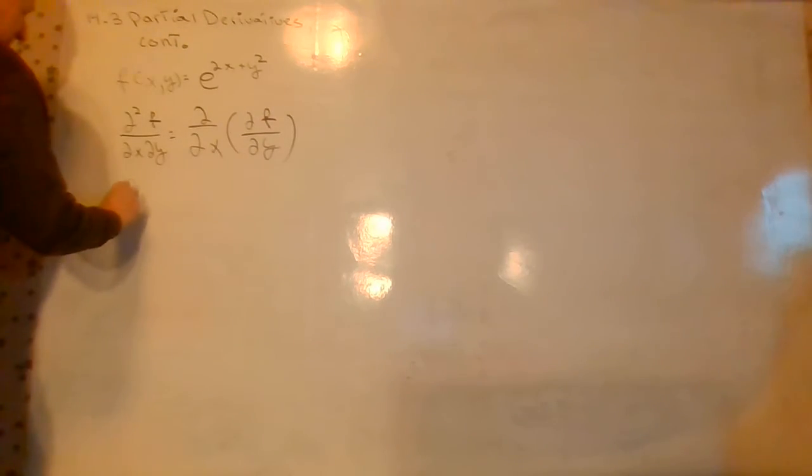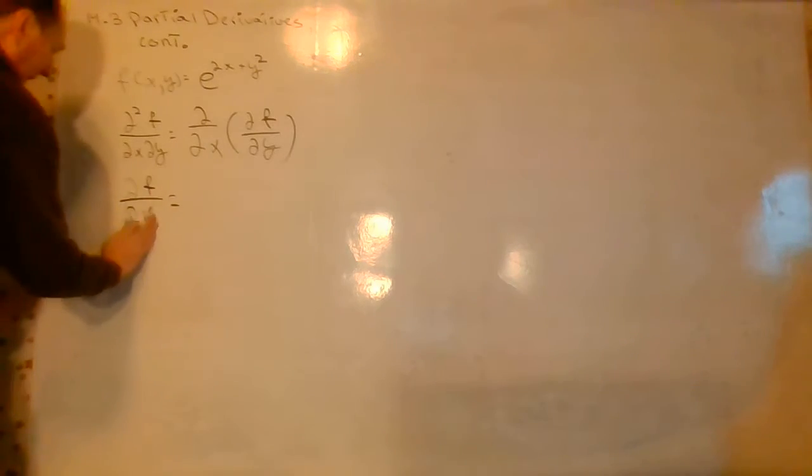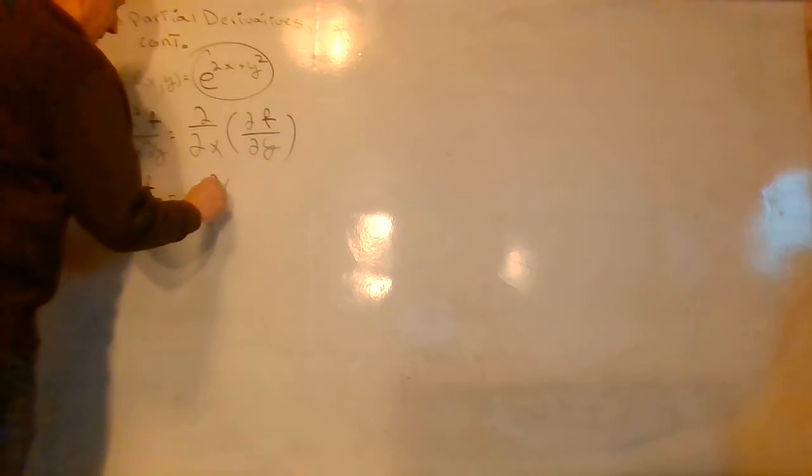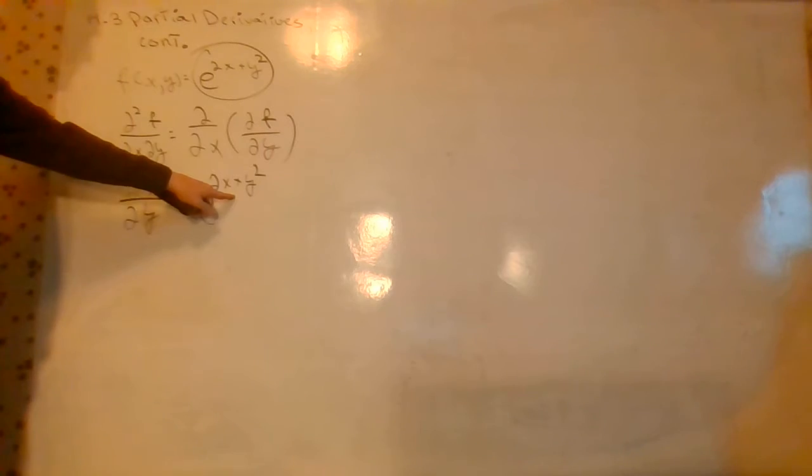We'll find the partial of f with respect to y. Okay, we're going to work from the inside out. That's a y partial of this. The chain rule says we get e to the 2x plus y squared times the y partial of this exponent.